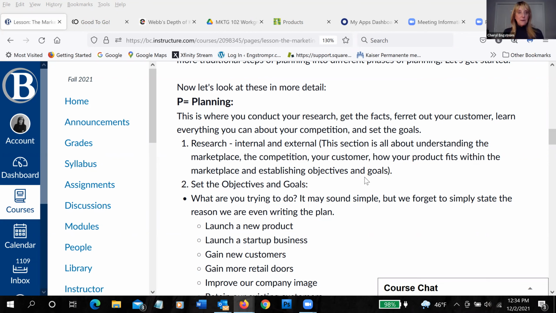I want to talk a little bit about that because I think a couple of teams struggled with those. Don't feel bad if you did. These are big deals and they are always a problem. In fact, we just had a faculty meeting talking about the fact that as students progress in marketing, even those who have gone on to the bachelor's program still don't fully understand the difference between a promotional goal and a SMART goal.